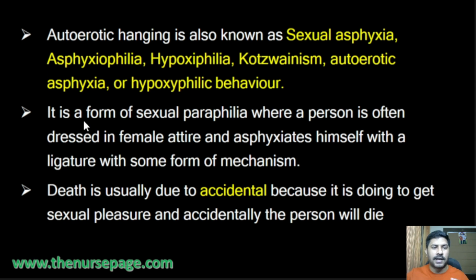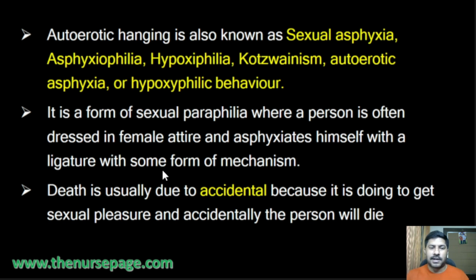Autoerotic hanging is a form of sexual paraphilia where a person is often dressed in female attire. Usually a male person will do this. That is why the person is usually dressed in female attire and asphyxiates himself with a ligature with some form of mechanism.